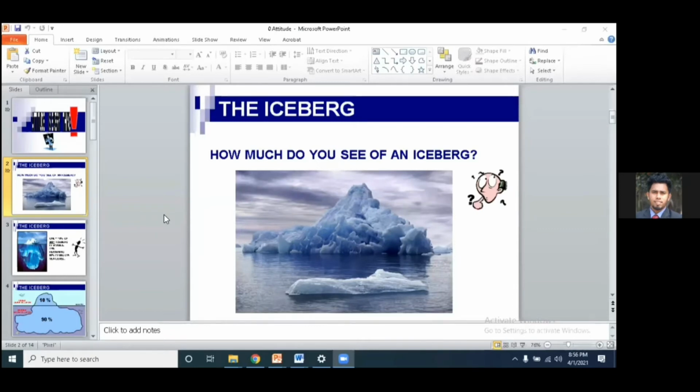How much do you see of an iceberg? Everyone write down please. There are many energetic people with us, and I'm very pleased. Everyone puts in their time and consideration, and we have also faced some problems, but no problem.